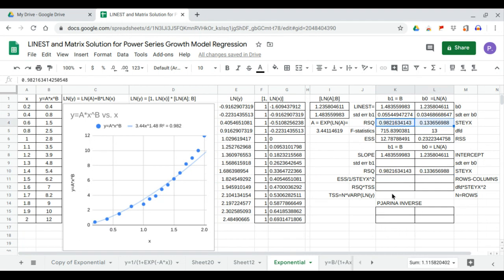Next, we calculate the number of rows. So n, the population, equals rows of the range. That's our population. So we can calculate the total sum of squares, which is n times variance of population of ln y.